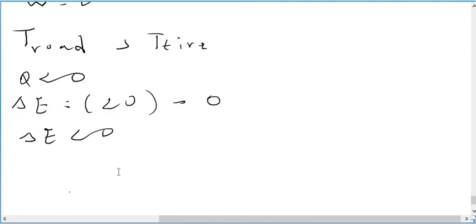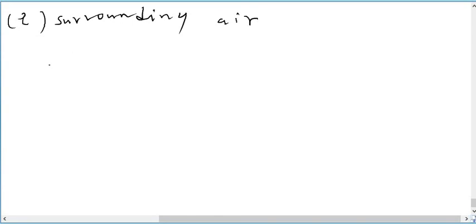So then the last one is Roman E, the system, that is the surrounding air. So there is heat from the engine to the air, so that is Q in.